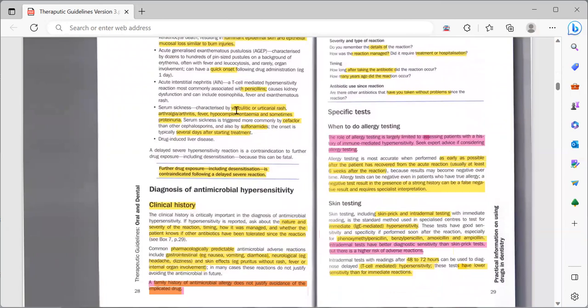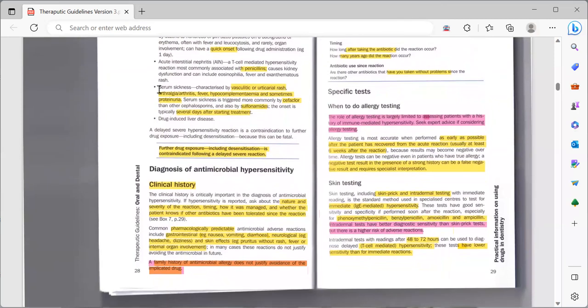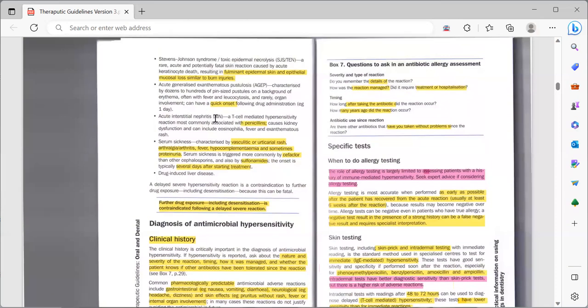Serum sickness is characterized by vasculitis or urticarial rash, arthralgia, arthritis, fever, hypocomplementemia, and sometimes proteinuria. Serum sickness happens with cefaclor, other cephalosporins, and also sulfonamides. So serum sickness happens with cefaclor and sulfonamides, and AIN occurs with penicillins.